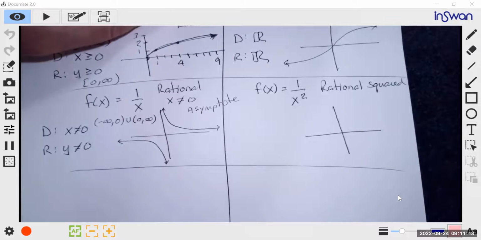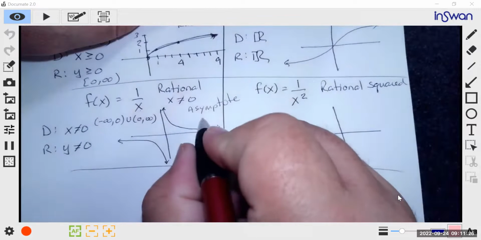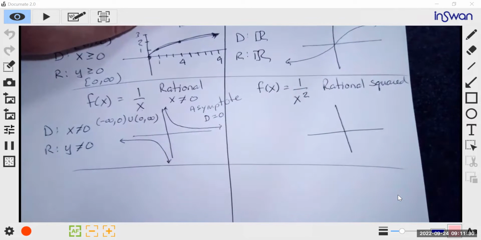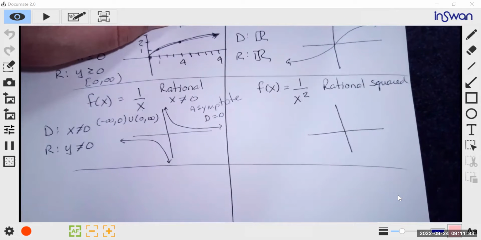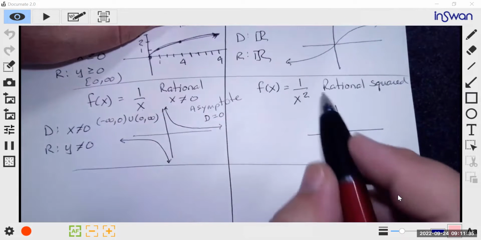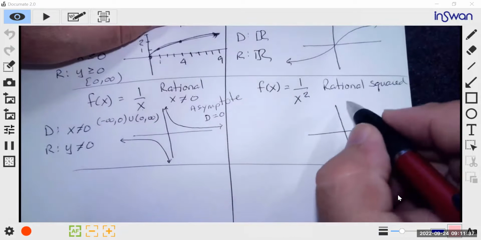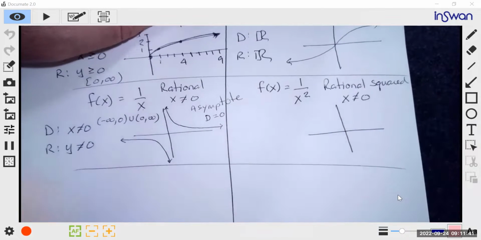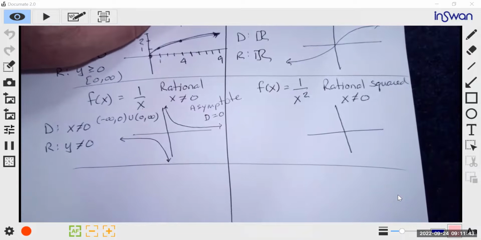Do we have any asymptotes? Remember, the asymptote is what are the x values that make the bottom number equal 0? So if x is 0, the bottom 0, you can't have that. So x cannot equal 0. That's your asymptote, your vertical asymptote.